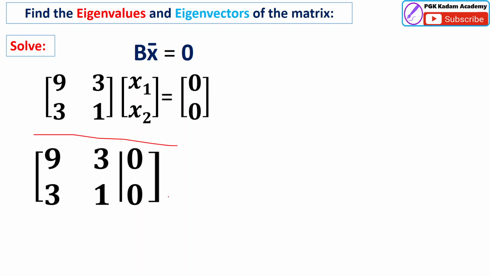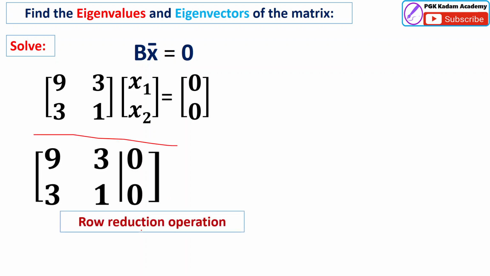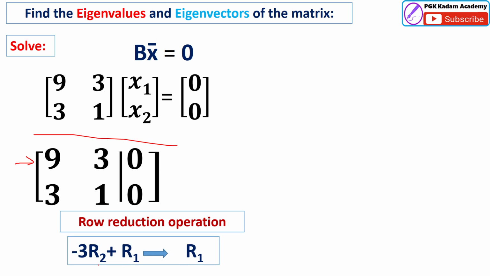We have to perform it on the first row r1: -3 r2 plus r1. So here we do -3 r2 plus r1 as the row operation.